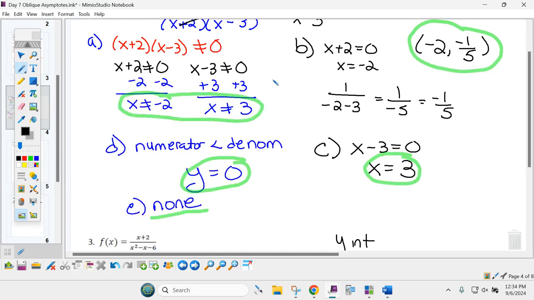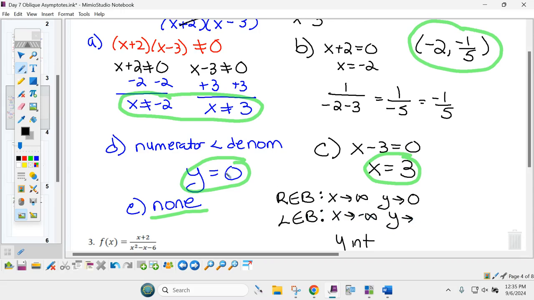For end behavior, let's do right end behavior, left end behavior. End behavior, when you have a horizontal asymptote, will always approach the horizontal asymptote. So as x goes to infinity, y goes to 0. Left end behavior, x goes to -infinity, y goes to still 0.